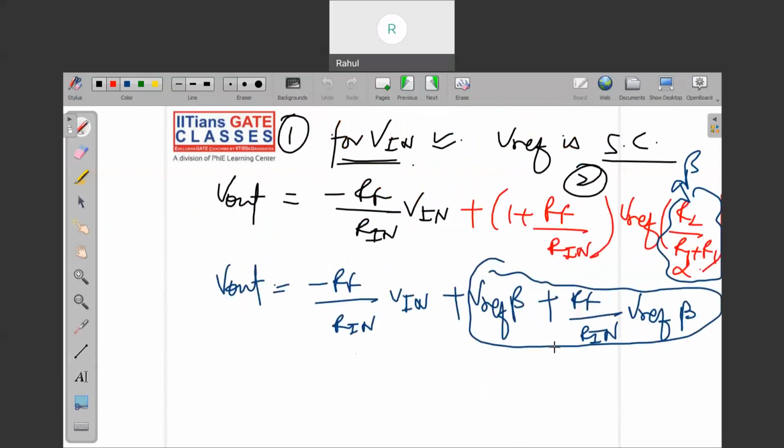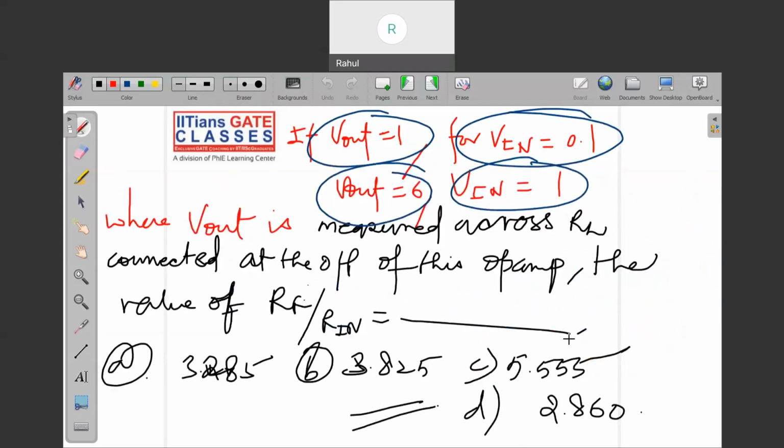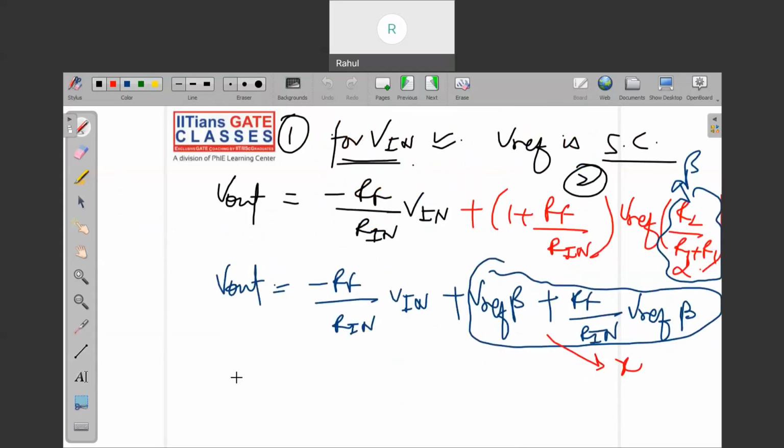So we can consider this is basically x, right? Okay, so let me now put Vout equal to 1 for Vin equal to 0.1. So 1 equal to Rf upon Rin, which has to be R, times 0.1, plus x, you can say.